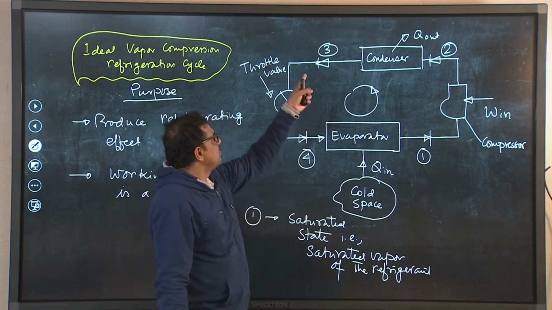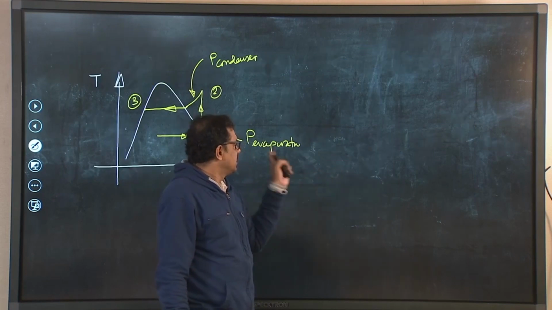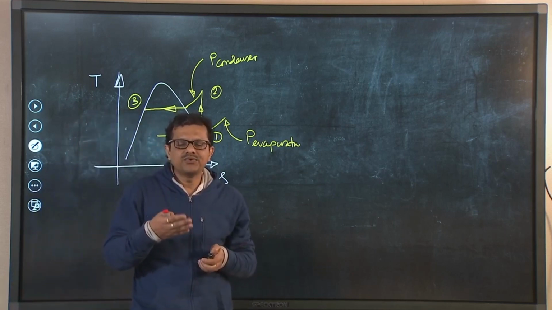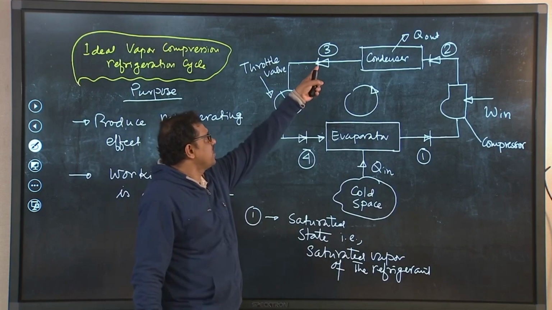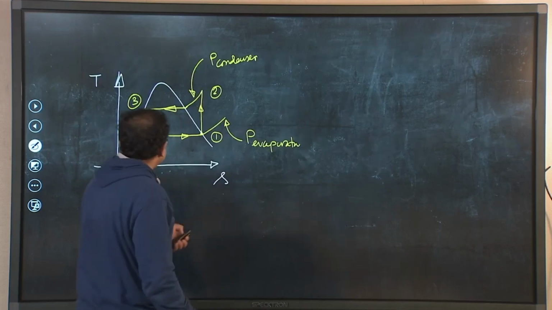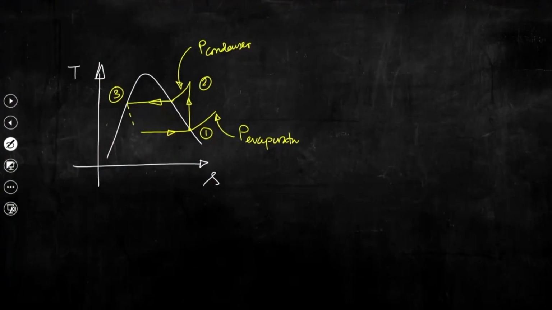Hence, if we need to map the process 3 to 4 in the TS plane, it is very difficult to get the path by which state point 3 has changed to state point 4, and hence this particular process is shown by this dotted line. So, this is 4. So, this is basically 1, 2, 3, 4, the 4 different state points we could map in this TS plane.